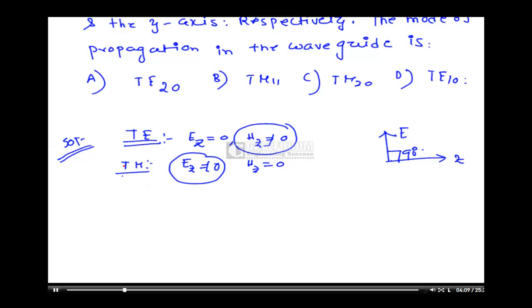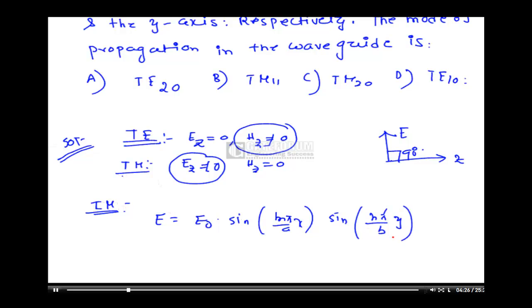What is the TM general equation? It has E given by some E naught into sin (m pi by a x) into sin (n pi by b y), and e power minus gamma z. This is because of propagation.